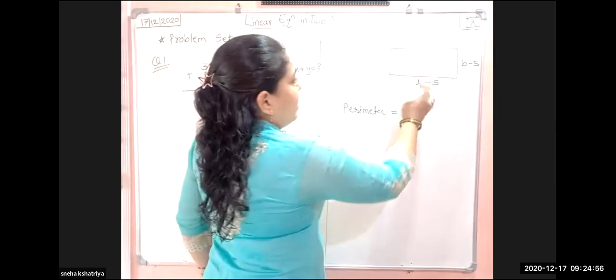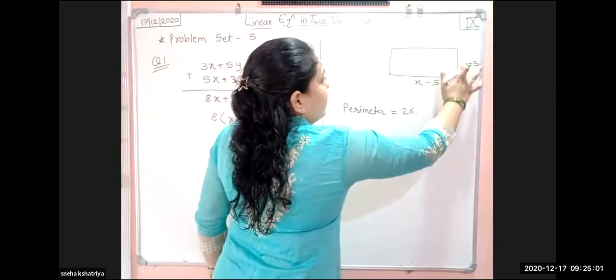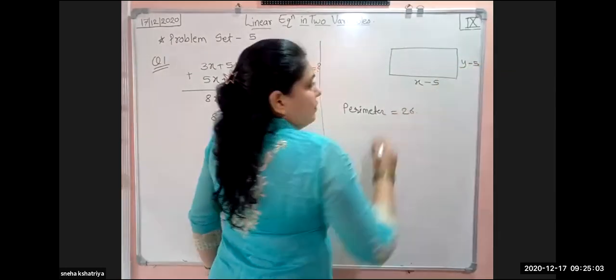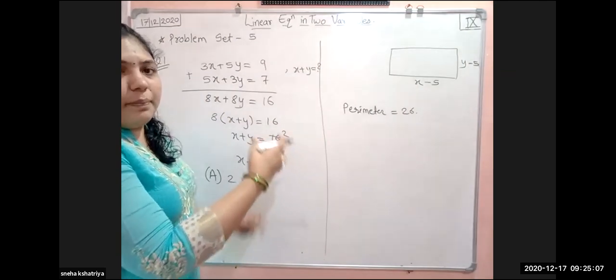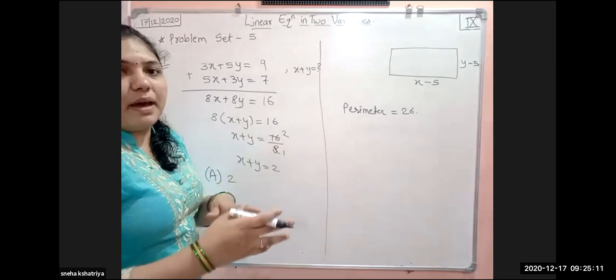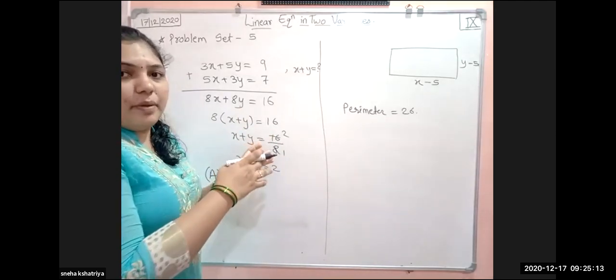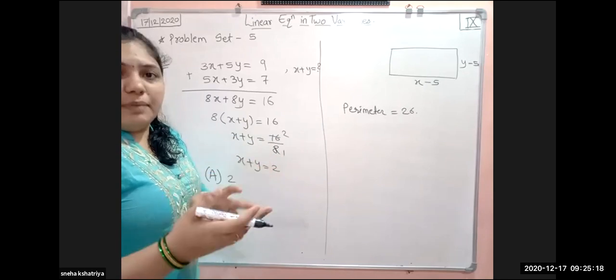So for the time being, we consider the length as x and the breadth as y. Whatever parameters are given to us, we suppose this parameter be x and this parameter be y, as in the last example where we considered the number of chairs as x and the number of tables as y.